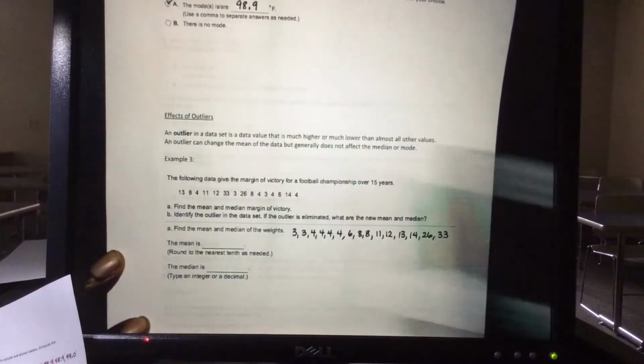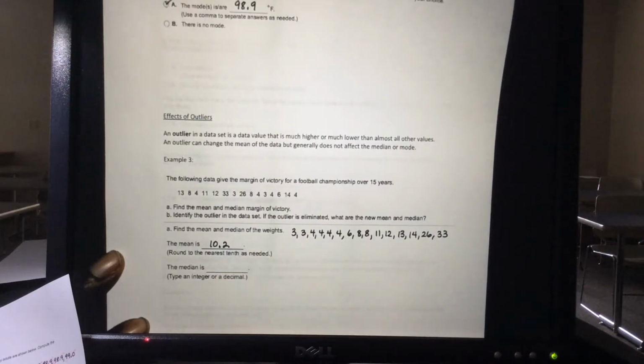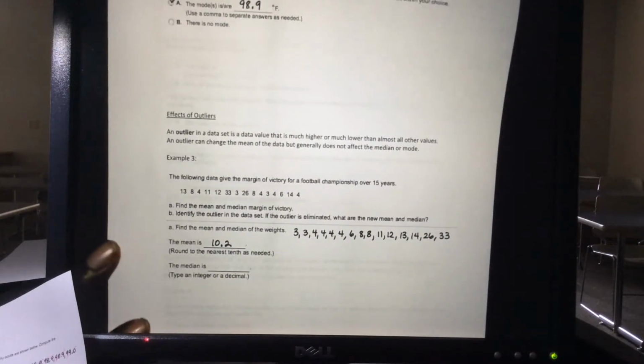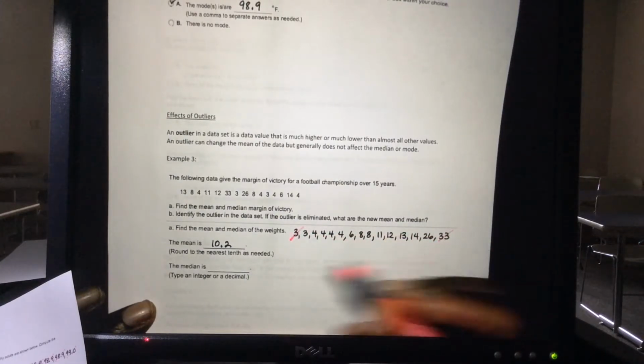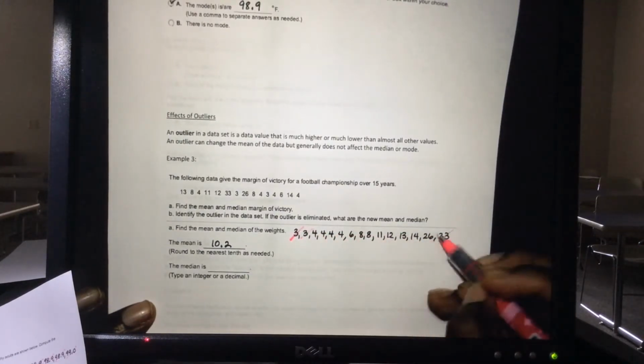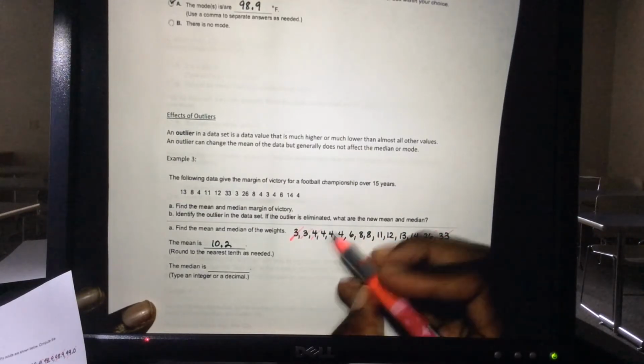That would represent the mean. And to the nearest tenth, it's already to one decimal place, it'll be 10.2. Now for the median of that data set. To find that out, I just cross out the numbers on the end, on the left and the right until I get to the middle number.